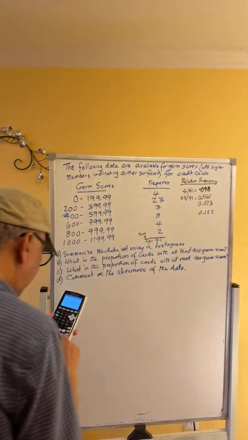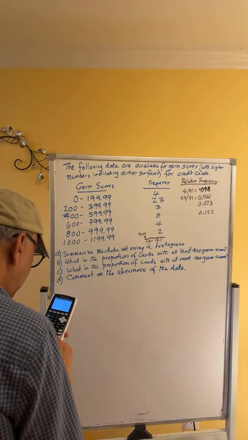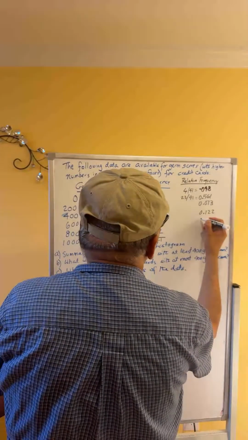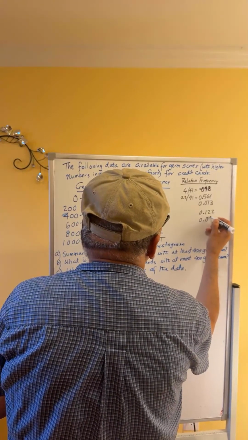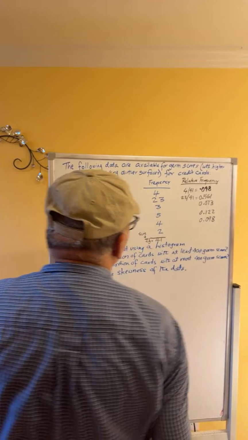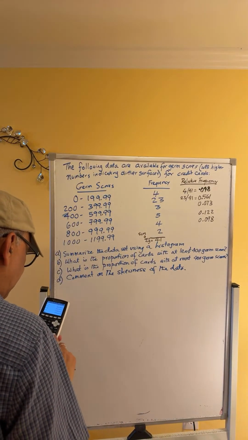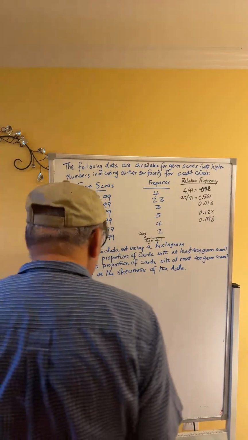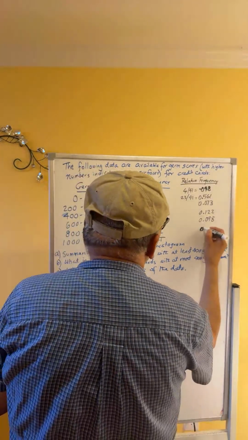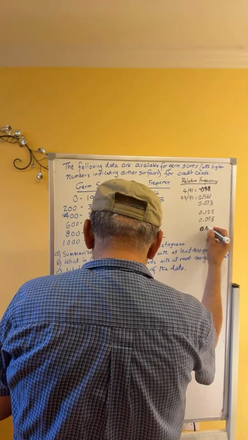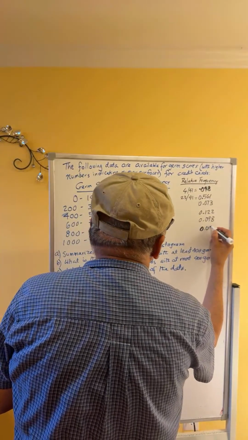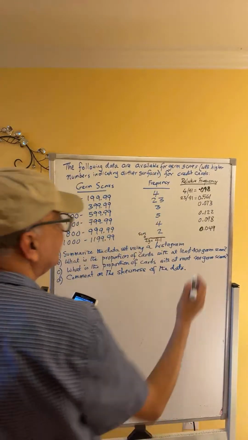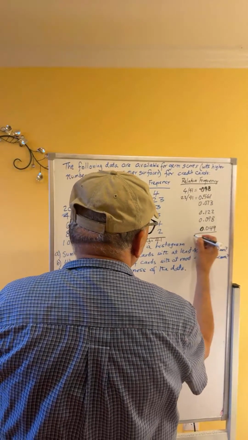Next one will be 4 divided by 41, which we have already done, 0.098. And the last one will be 2 divided by 41, which is 0.049, you might say.